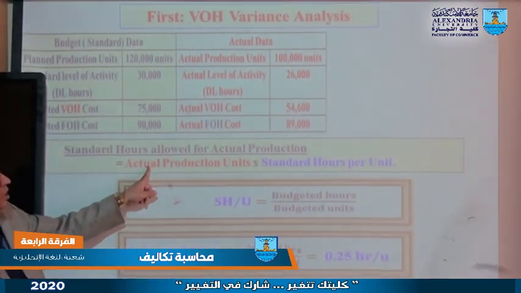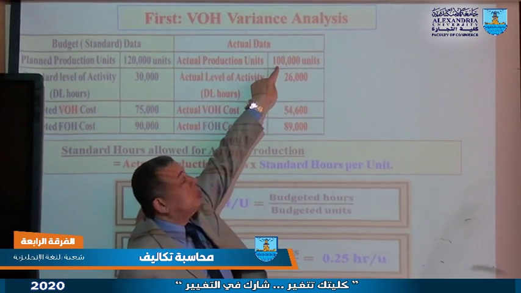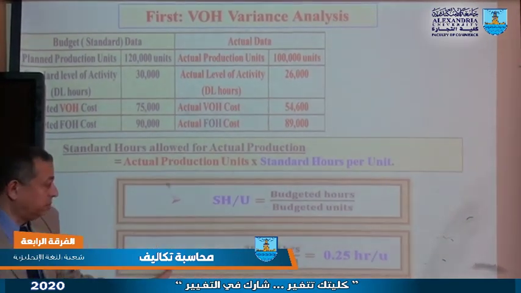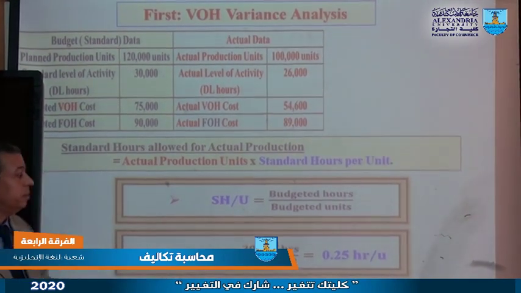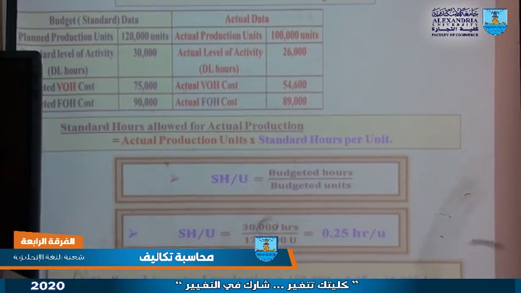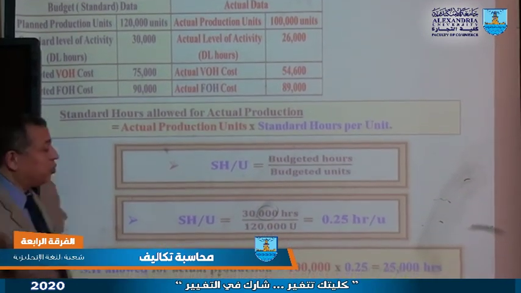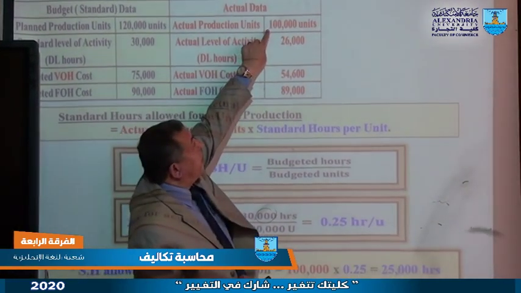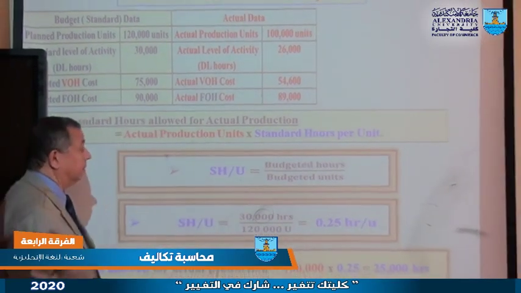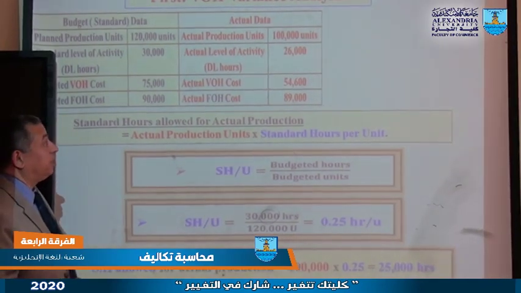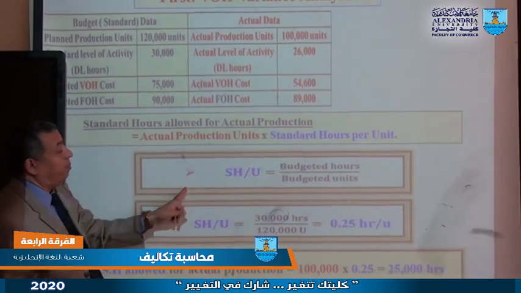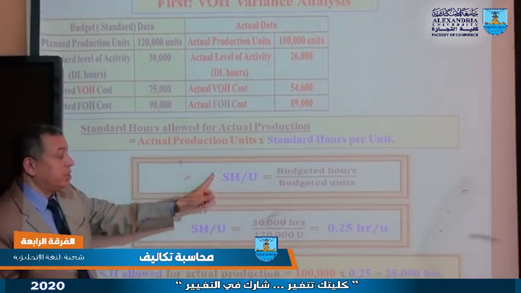I have actual production units, 100,000 units, and I calculate standard hours per unit. So I can calculate standard hours allowed. Standard hours allowed will equal my actual production times my standard hours per unit, not given, but calculated using this equation.